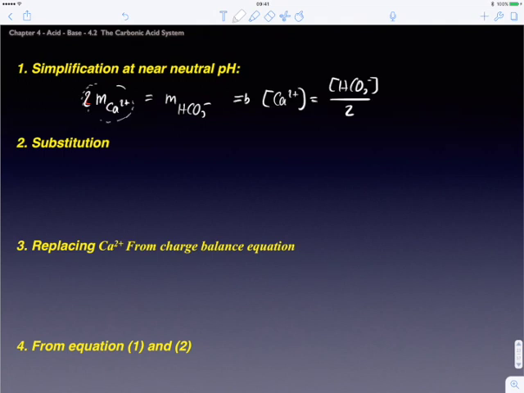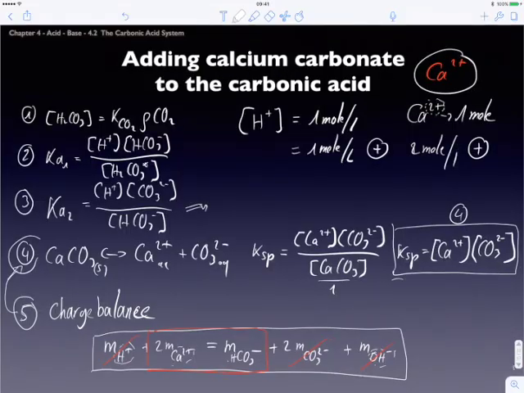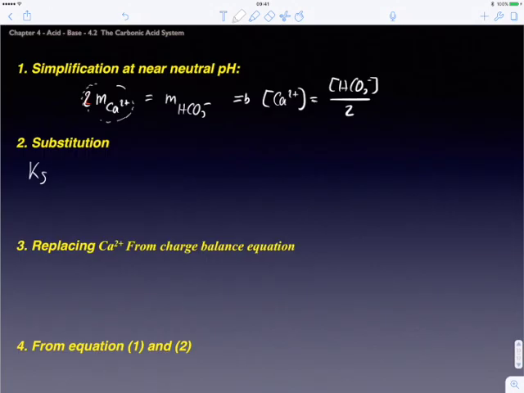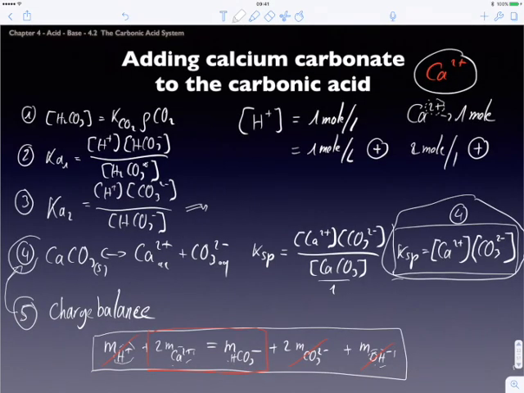The next step is taking equation 4, the equation for the dissolution of calcium carbonate, equal to the concentration of calcium times the concentration of carbonate, and you can express this carbonate using equation 3.